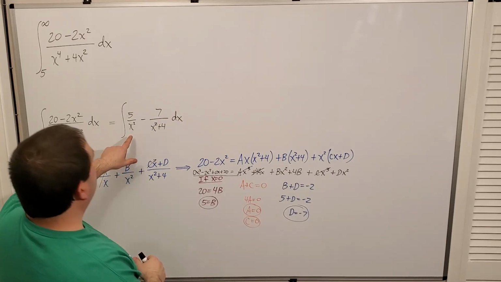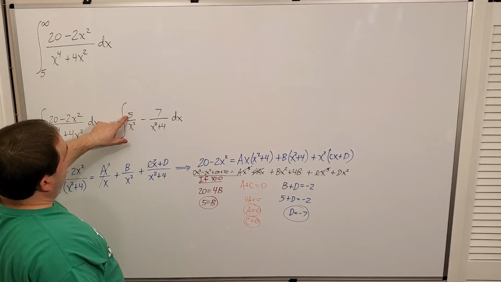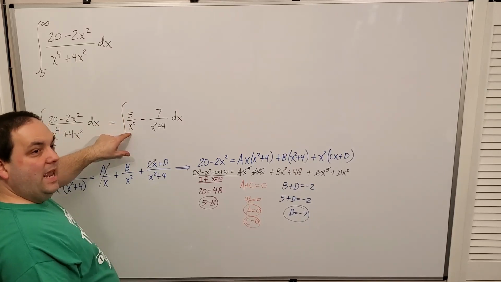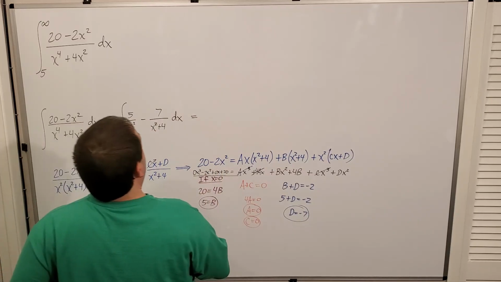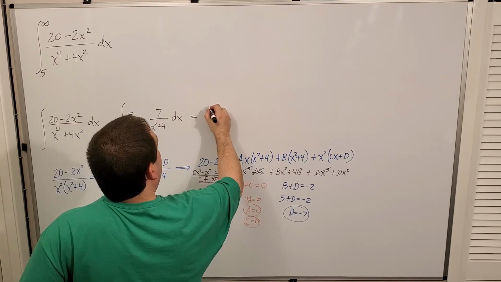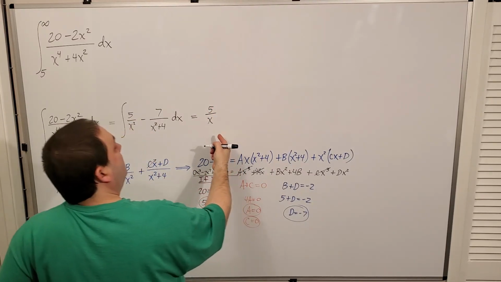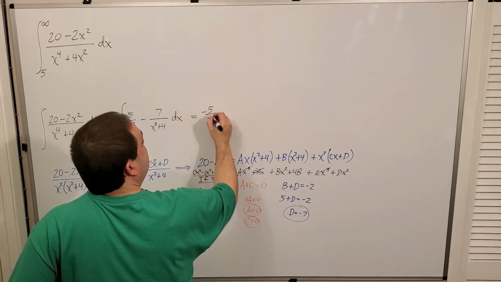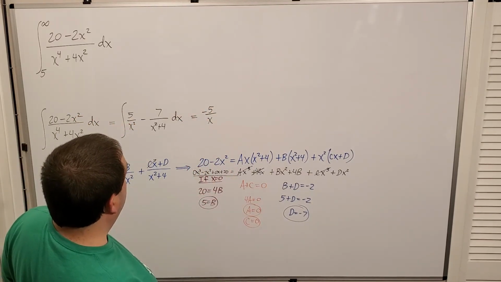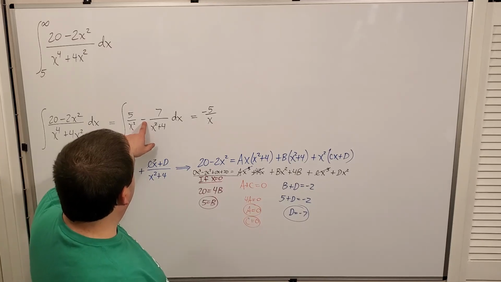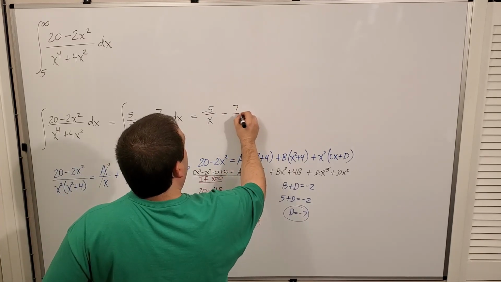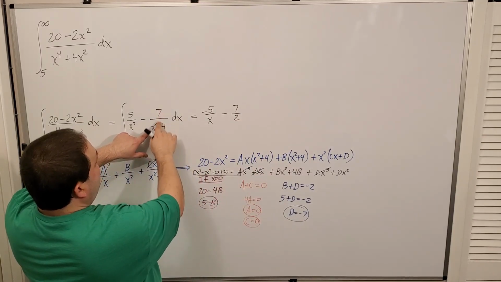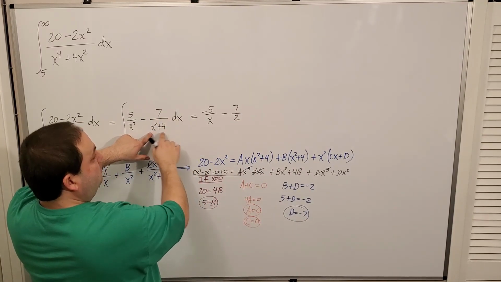Okay, so then I continue on. I'm going to do the antiderivatives here. This is really 5 times x to the -2. So what do we get? We get 5x to the -1, but divide by the new power, so it's negative. Minus 7 over 2. Notice I'm following a pattern here.